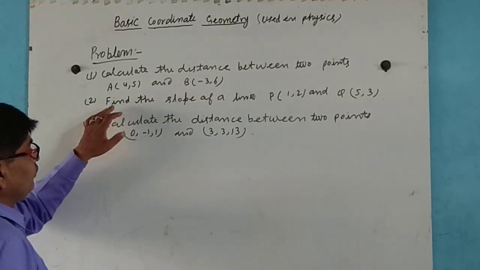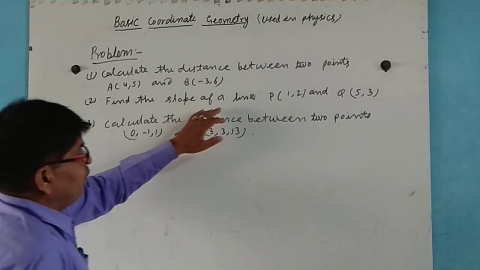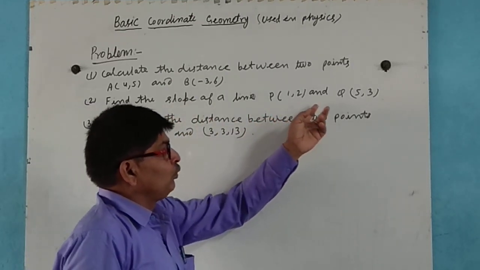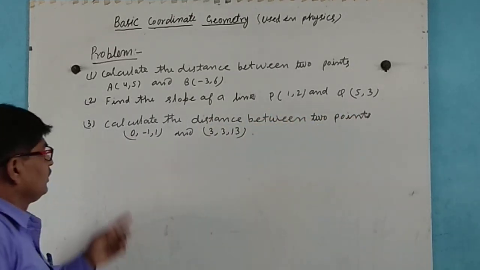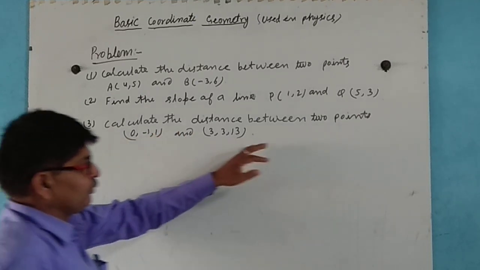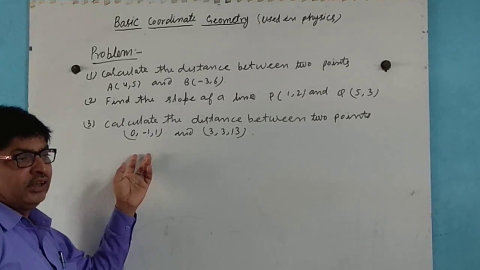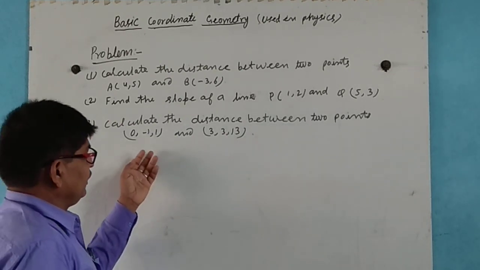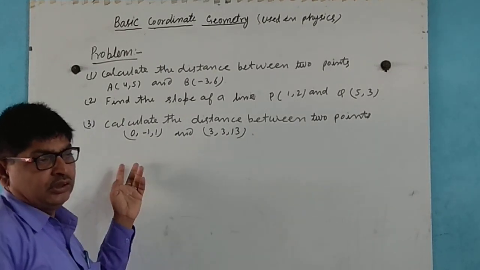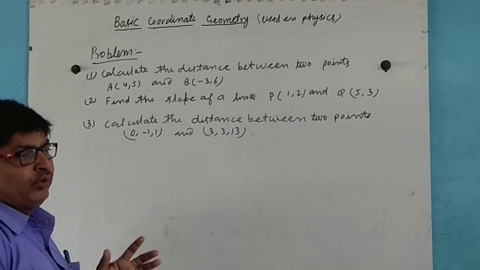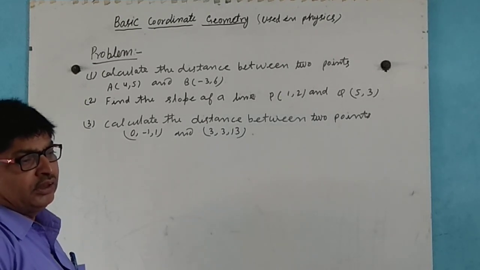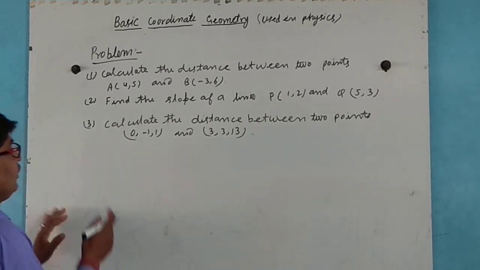Second problem, find the slope of the line through P (1, 2) and Q (5, 3). Third, calculate the distance between 2 points with x, y and z coordinates, a point situated in space where x, y and z exist.